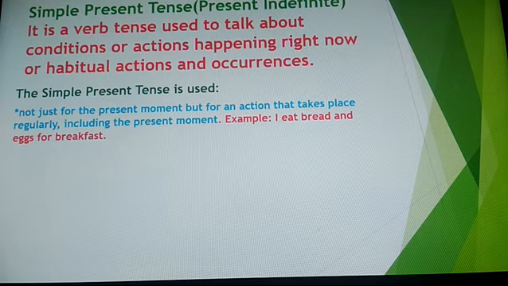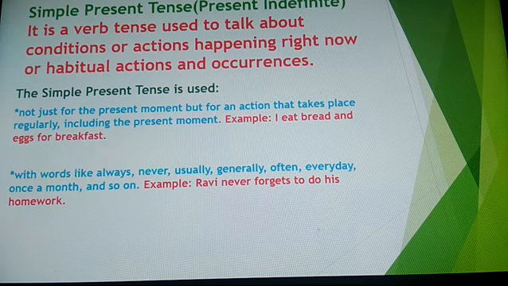At the present moment, what is the I doing? The person I is eating bread and eggs for breakfast. And this is not just the present moment, but an action that takes place regularly, because the person I takes breakfast every day. So this takes place regularly. So at that time, we will use simple present tense.